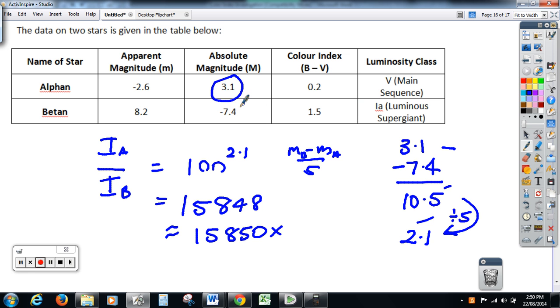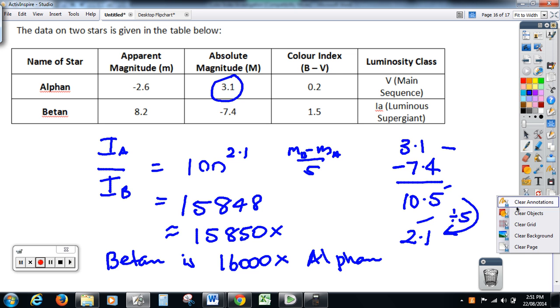Well, Beta is the more negative, so therefore it's the brightest star. So Beta is about 16,000 times as bright as Alpha. Okay, so we can compare those two, just the two stars. So that's the second thing that we can do with these stars.